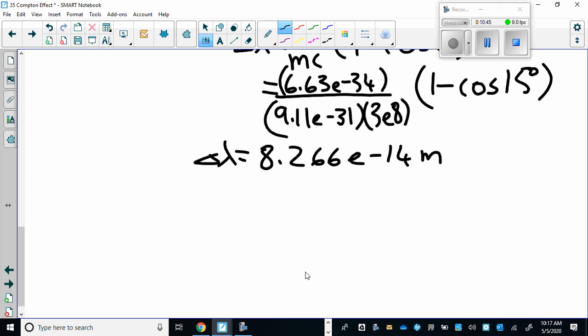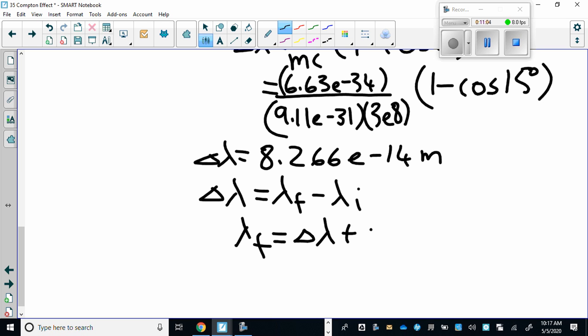But we don't want the change in wavelength. We want the final. We want the wavelength of the scattered ray. So we always know that the change in anything equals the final minus the initial, and we're trying to find the final. So it will simply be the change in the wavelength plus the initial wavelength.